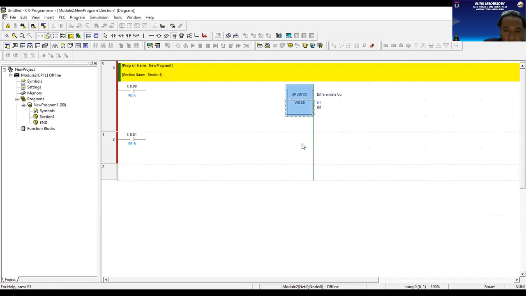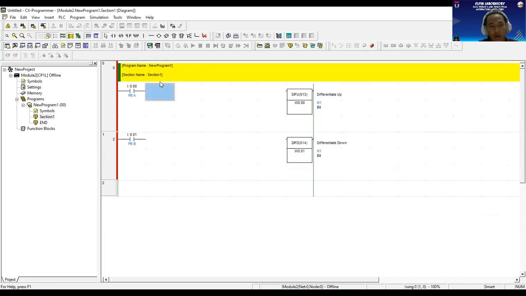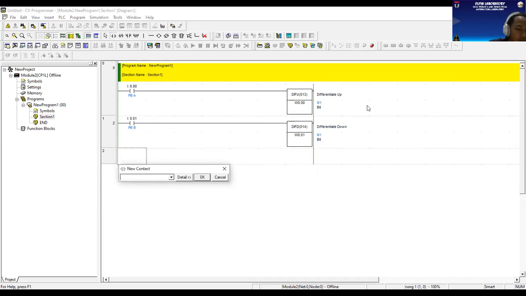For this one, for DIFD, we use some instructions.